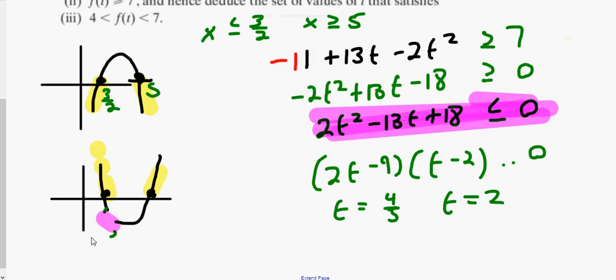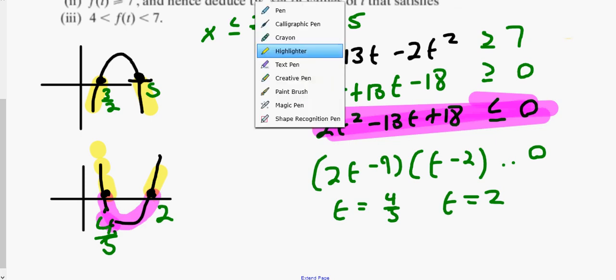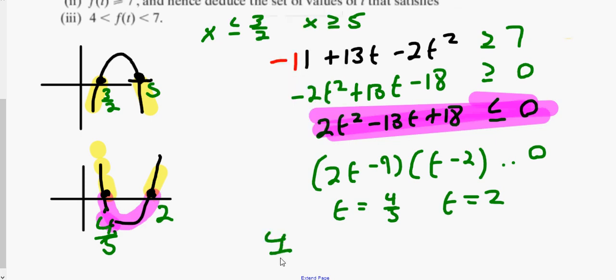It won't go for another 2 minutes anyway. 4/5 and 2. And we have to be smaller than or equal to 0, so that's the in-between values. So 4/5 less than or equal to t, less than or equal to 2.